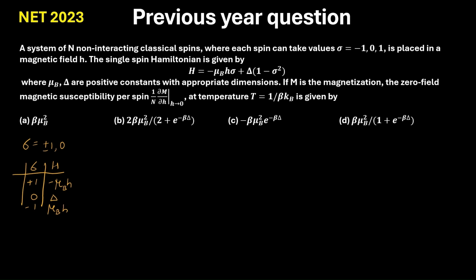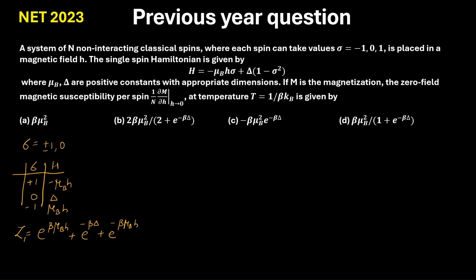Now, using this information, we can calculate the partition function. This is for a single particle, so the partition function of a single spin will be e to the power beta mu B h plus e to the power minus beta delta plus e to the power minus beta mu B h.